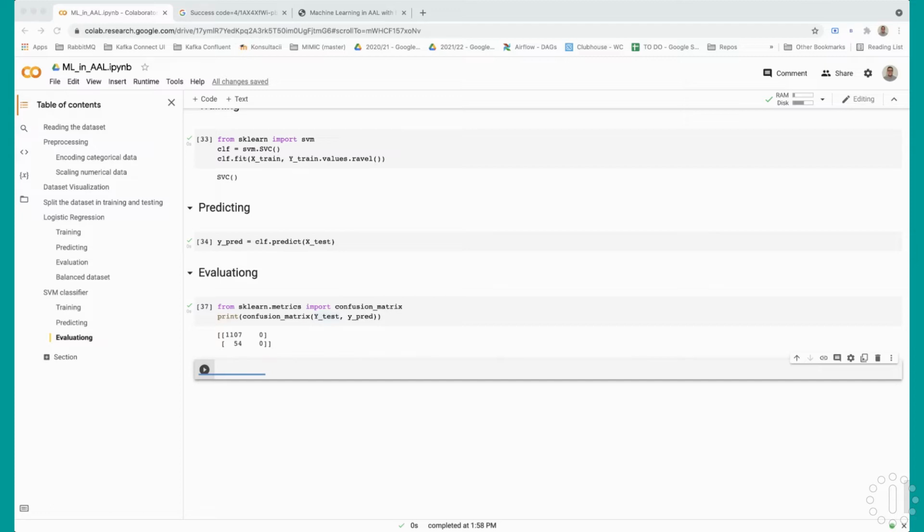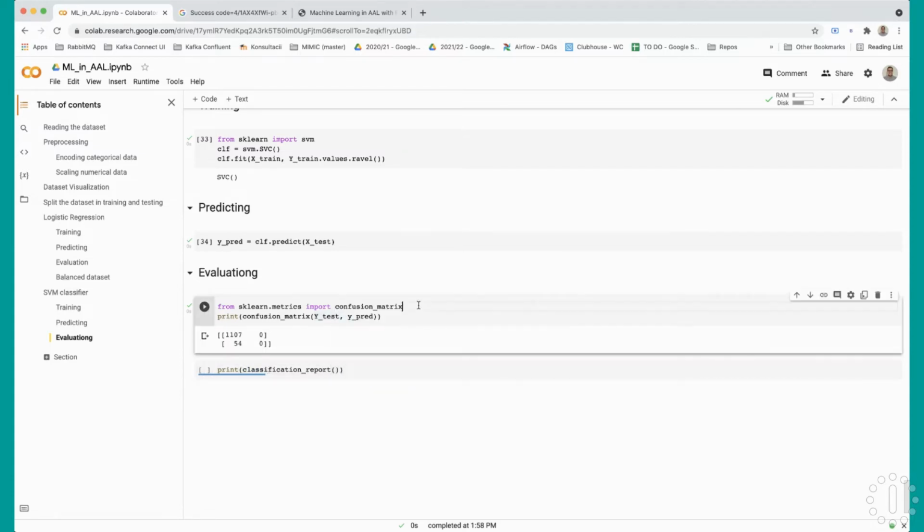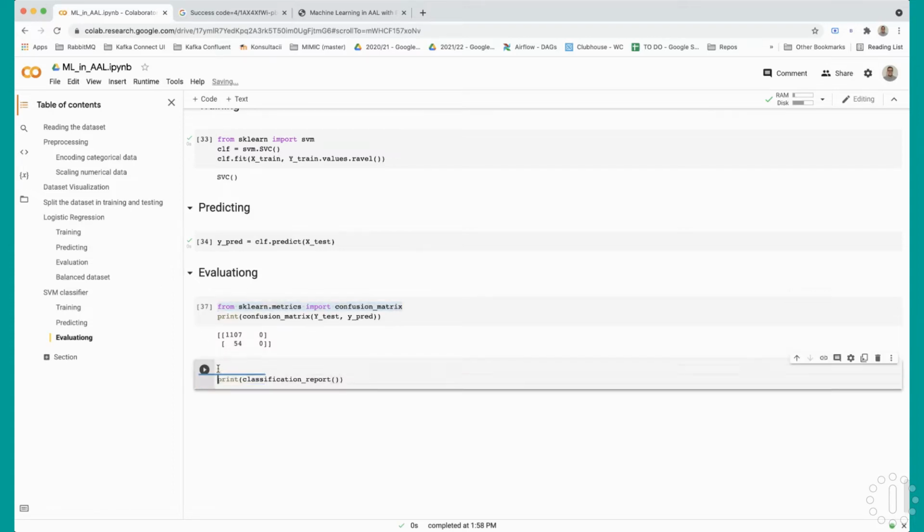We can also print the classification report, which should be imported as well. The classification report will give us a lot of information.